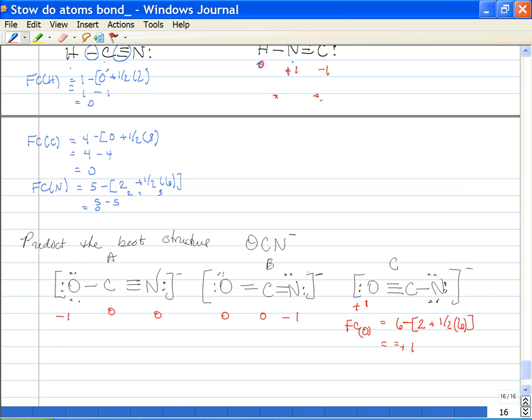And then the one for nitrogen. Nitrogen brings 5 to the mix. 6 non-bonding, 2 in bonds. So 0. So now we've got formal charges assigned to every atom in these 3 different structures.